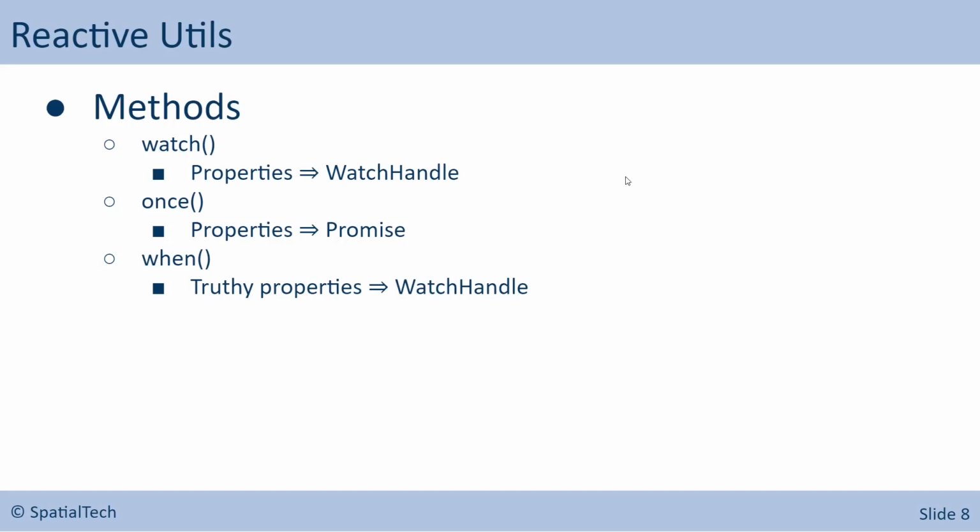And again, you write a little function that returns true or false, and then based on true, we do. And so when will return you a watch handle, because this is kind of like once you fire, you start this up at the beginning of your app, and it's responding, listening the whole time. But there might be a point in time where you want to get rid of the handler, right? Or when once.